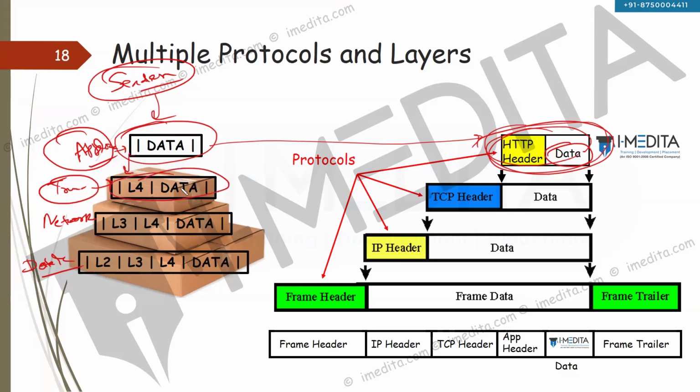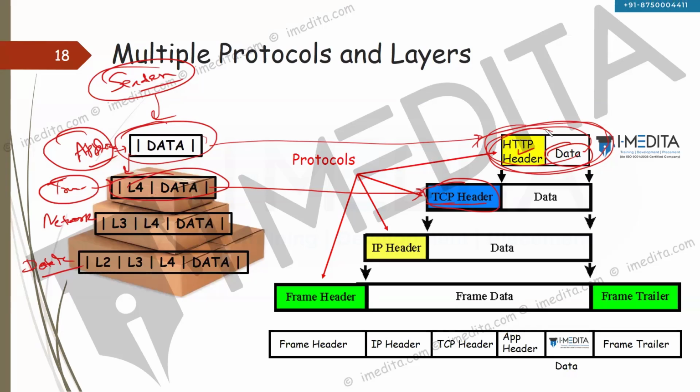At transport, some header or extra information will be attached on top of it, such as a TCP header. This is just an example. At layer 4, we are utilizing TCP, which is a protocol, the Transmission Control Protocol. And at the application layer, we use, let's say, HTTP. HTTP is a protocol that works at layer 7 of the OSI model.